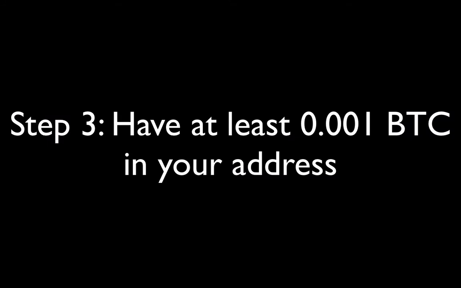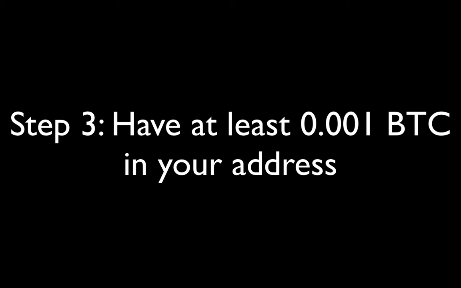Now, if I want to send Mastercoins, I need to have at least 0.001 Bitcoins. The reason for this is, in order to send Mastercoins, I need to pay the fee for the Bitcoin network. I need to pay some fees to the Mastercoin network, and the amount of Bitcoins that I have in this address is not enough.